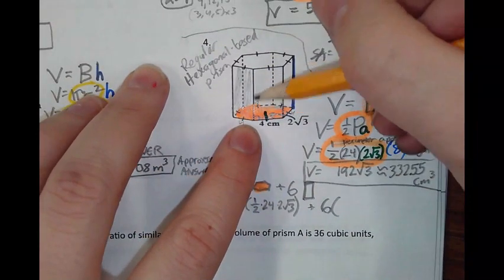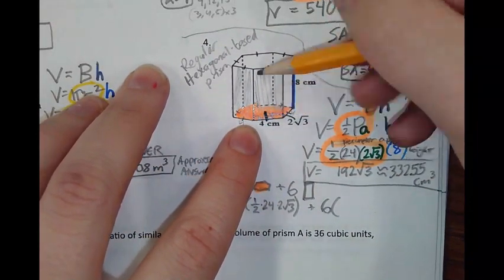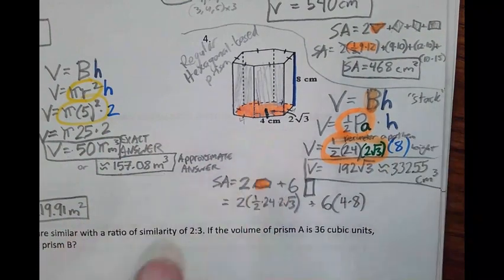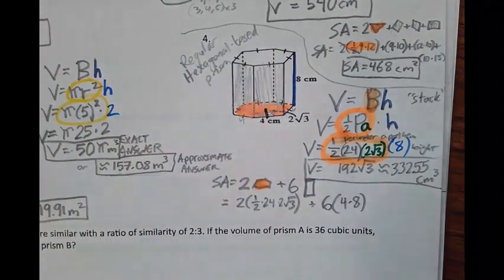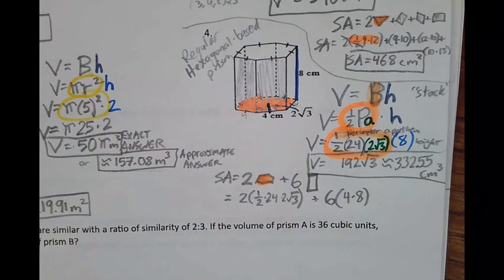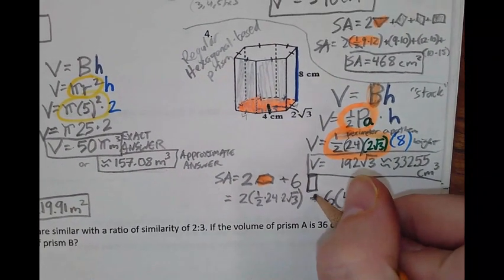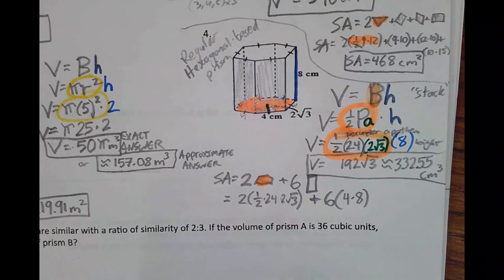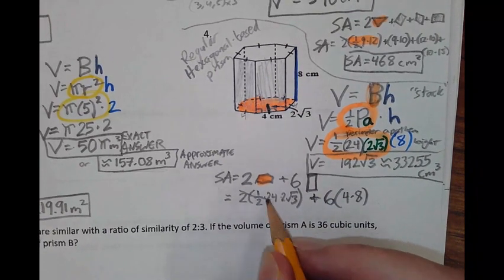Plus 6 times the rectangles. The rectangle's length and width, if we look at this shape right here, it's going to be a 4 by 8. 4 by 8 rectangles. So adding those up, we're going to get our answer.